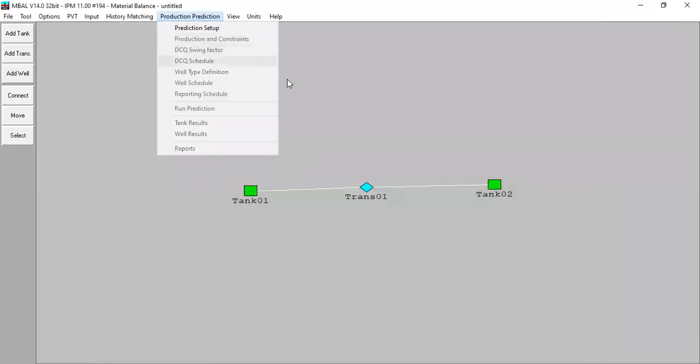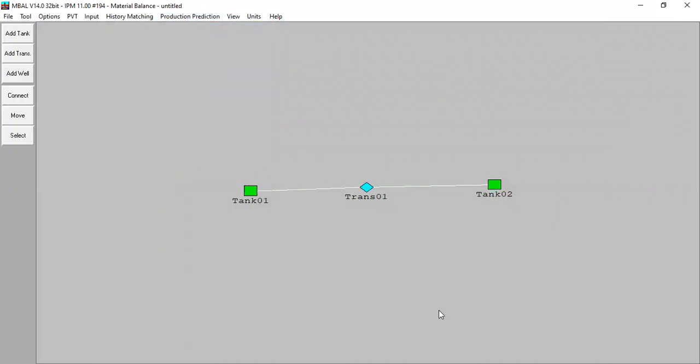And we will not do prediction here. So the main thing that we learned in this video is how to simulate the transmissibility or connectivity between two reservoirs. So we can recap. In this video, we construct a reservoir model.